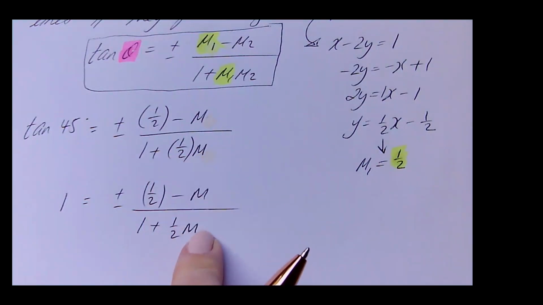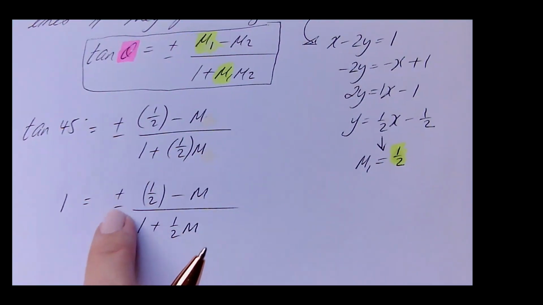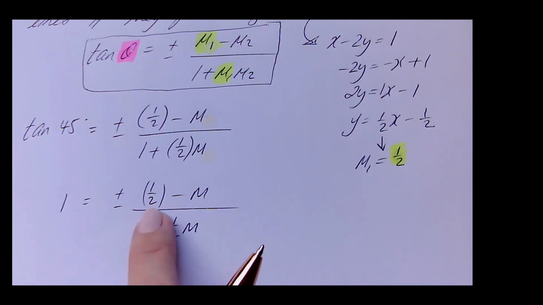And a half times m is a half m, okay? Now, don't worry too much about this plus or minus for the moment, okay? I know that makes it a little bit confusing. Let's first of all get rid of the denominator, which is always the most pressing thing to do when you have an equation like this with the denominator. The way we always get rid of denominators is, of course, we multiply both sides by them.